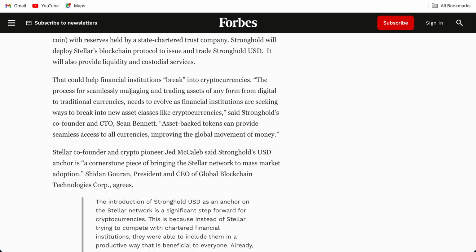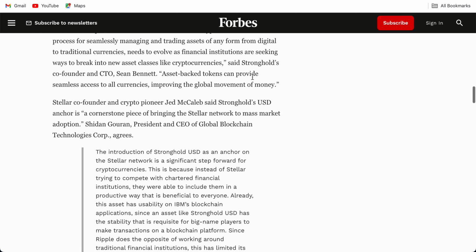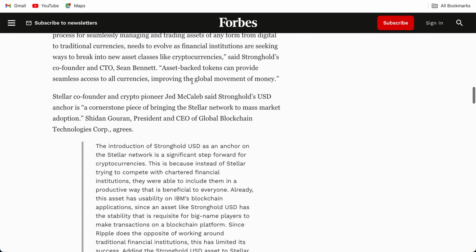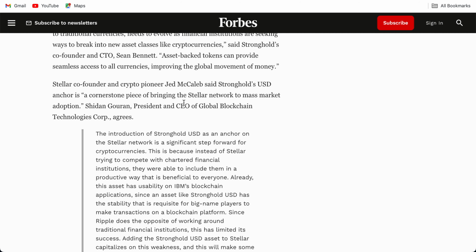The process for seamlessly managing and trading assets of any forms from digital to traditional currencies needs to evolve as financial institutions are seeking ways to break into new asset classes like crypto, said Stronghold's co-founder and CTO Sean Bennett. Asset-backed tokens can provide seamless access to all currencies, improving the global movement of money.